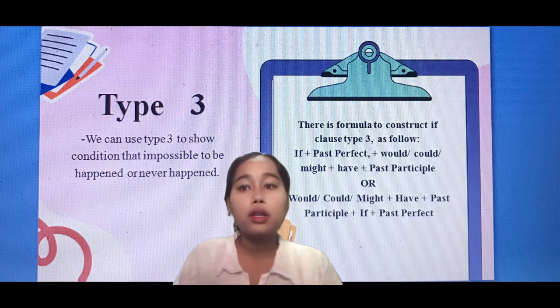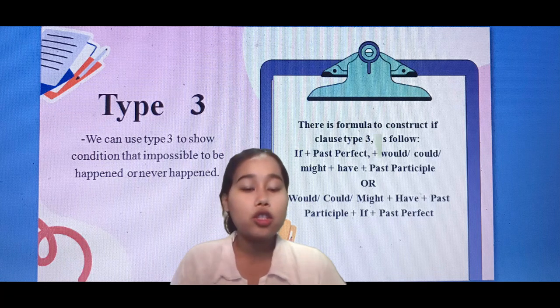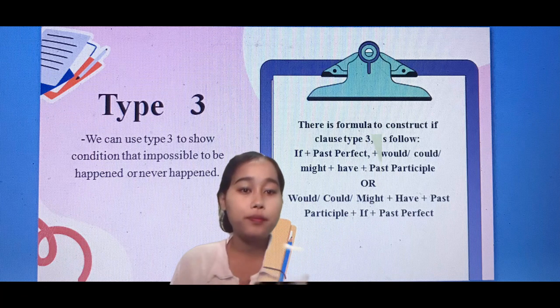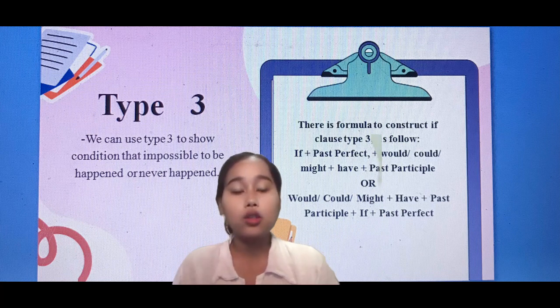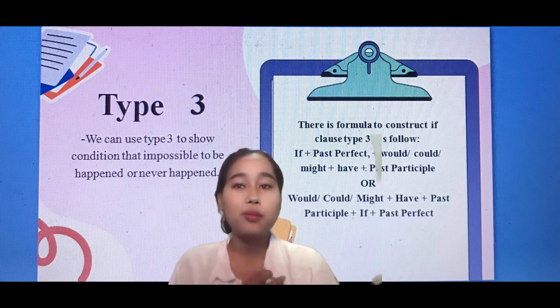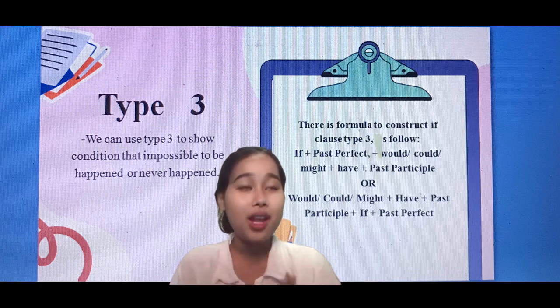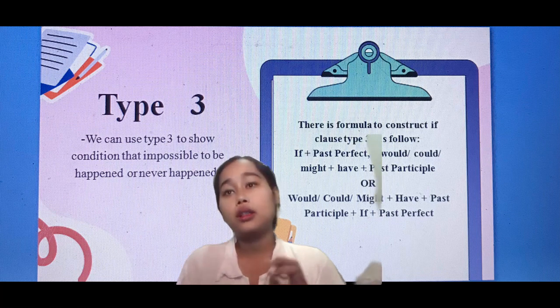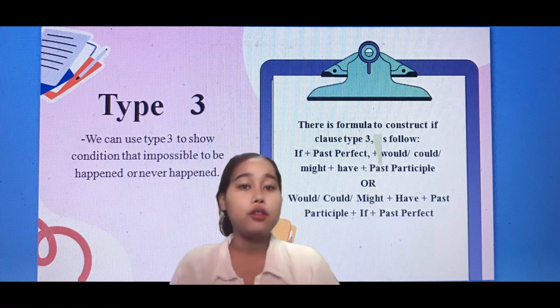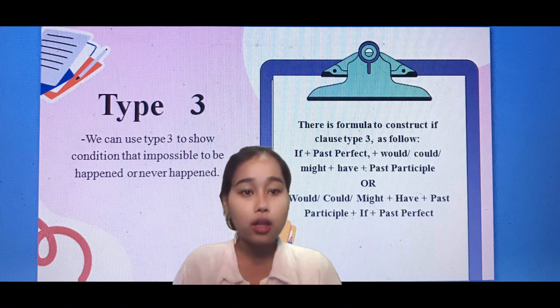Okay, now I will explain about the conditional sentence type 3. In this type 3, we can use the condition that impossible to be happen or never happen. So the type 3 also have the formula of construct.